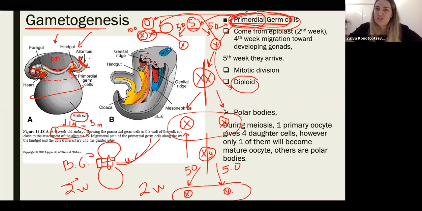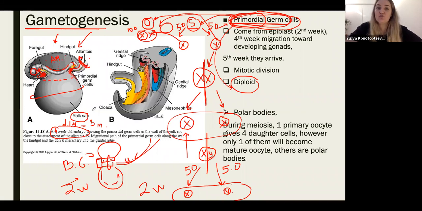So even though PGCs arise from the epiblast during the second week, that's not where they are going to stay. They have to move to the gonads. So how are they going to do so? During the second week, PGCs come out from the epiblast. For Professor Antle, next semester, it's very important that you say they detach from the epiblast and start to migrate around the wall of the yolk sac.